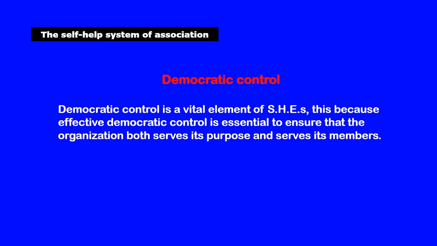When a group of people set up an enterprise with the intention of serving their mutual interests, the only guarantee they have that the organization will remain committed to its purpose is for it to remain under authentic democratic member control.